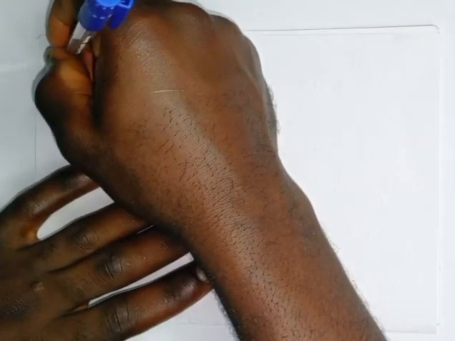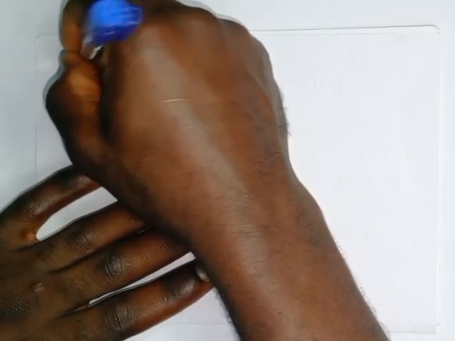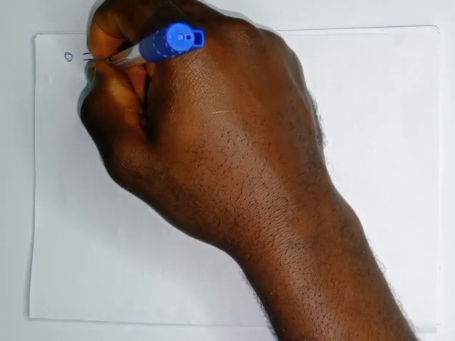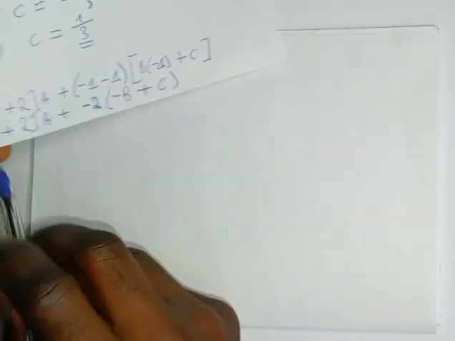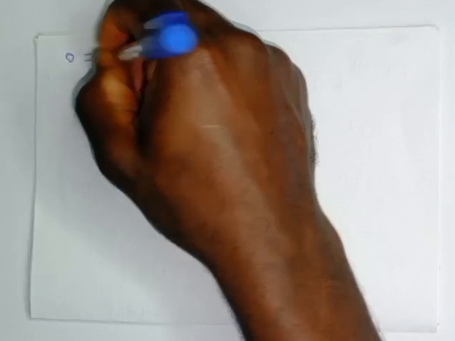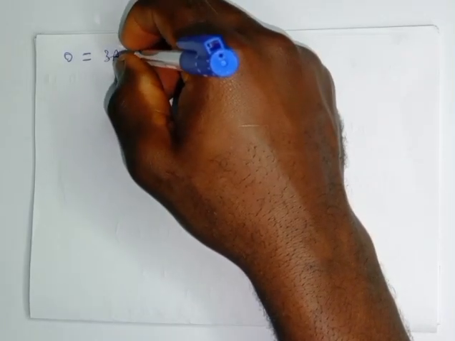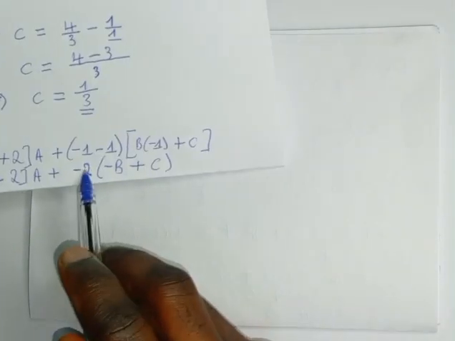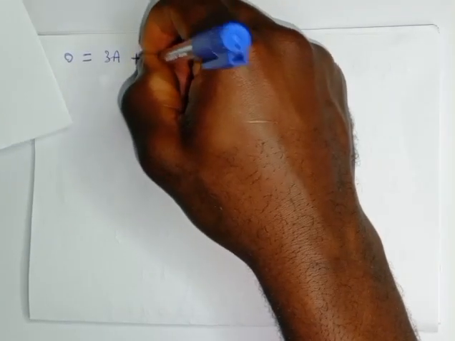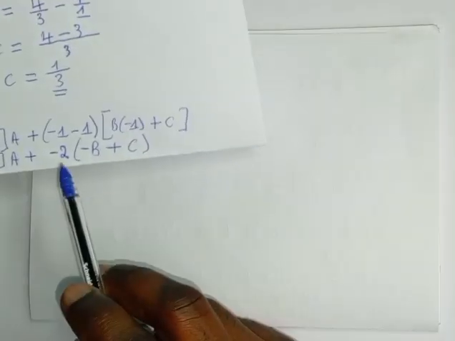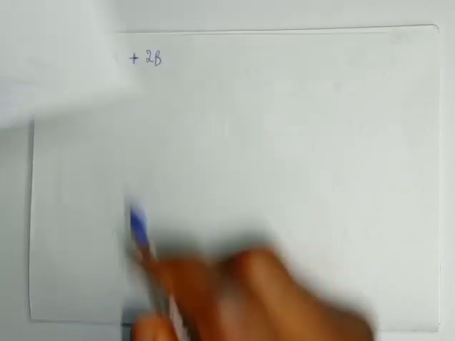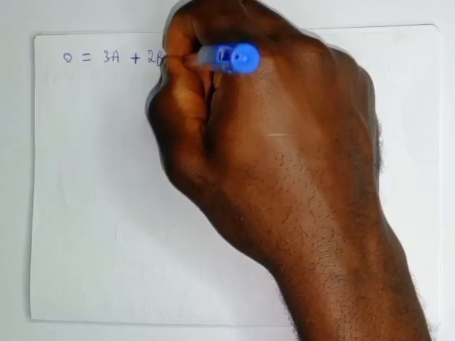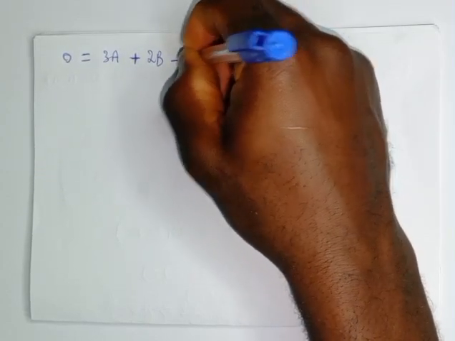This will give us 0 to be equal to 1 plus 2 gives us 3, 3 times a gives us 3a. Next, we have to expand: plus negative 2 times negative b gives us positive 2b. Negative 2 times positive c gives us negative 2c.